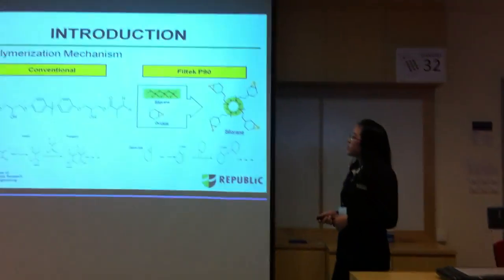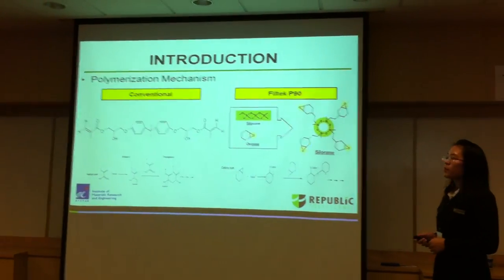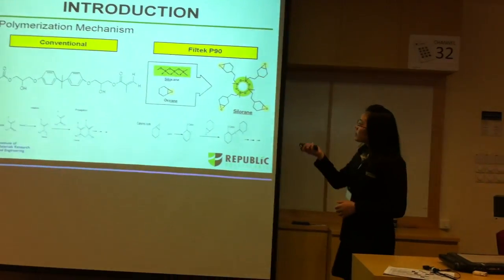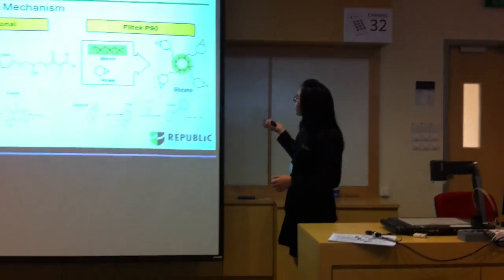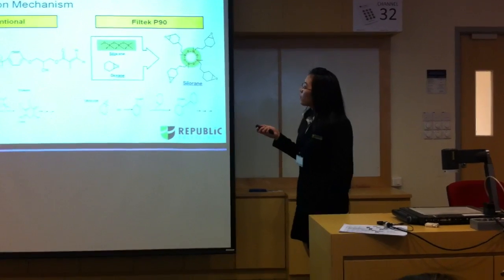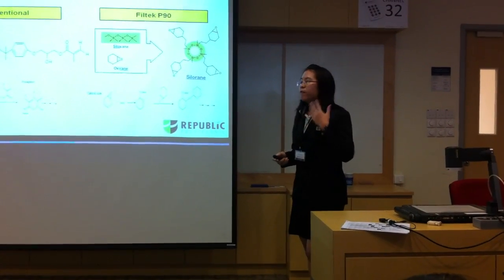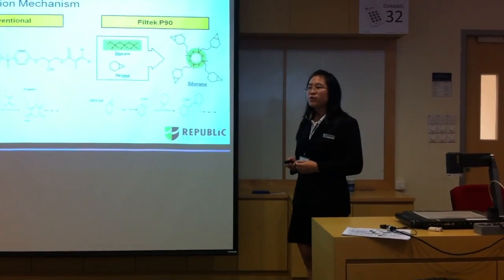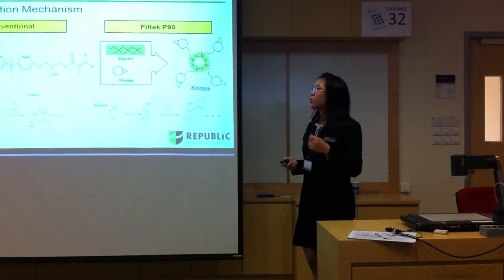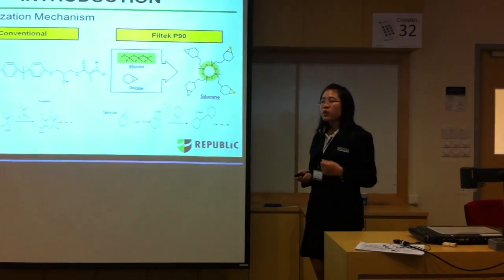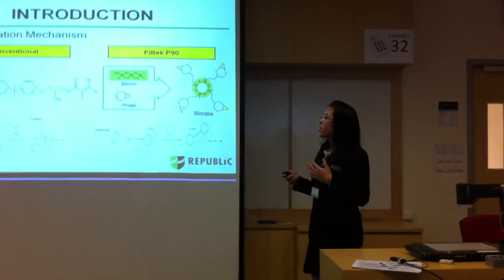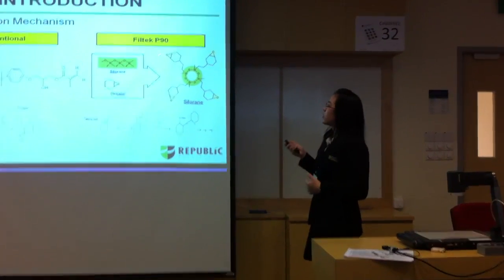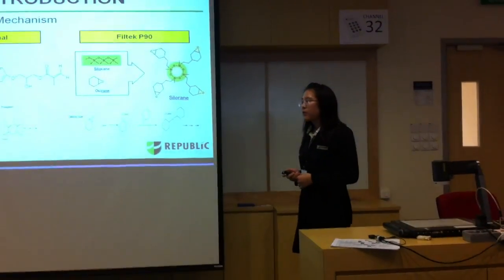And so, these are two different kinds of polymerization mechanisms. One is conventional, and another one is Filtek P90. The conventional method, as I've mentioned before, is the exchange of van der Waals forces to covalent bonding. This will cause shrinkage in a larger amount when compared to the new material which 3M has developed.